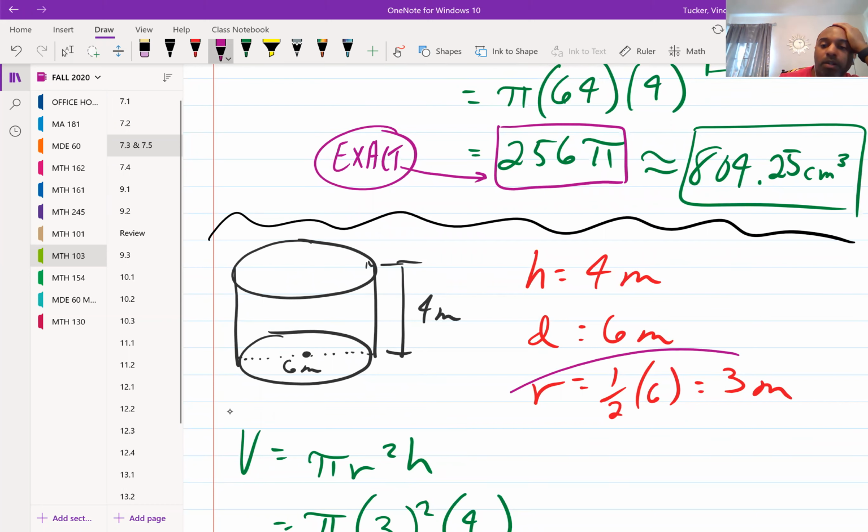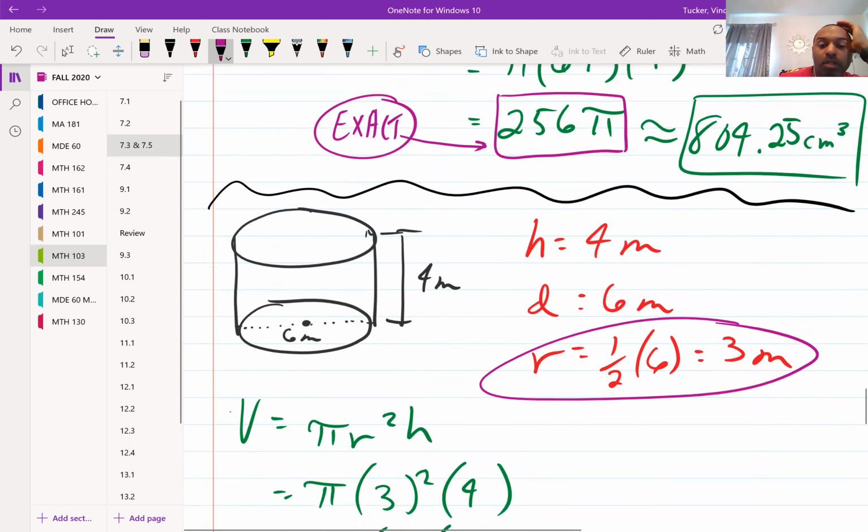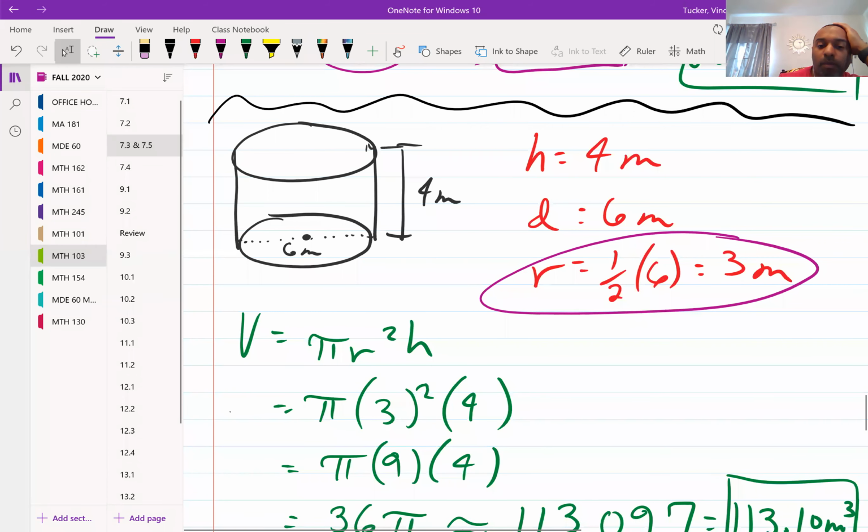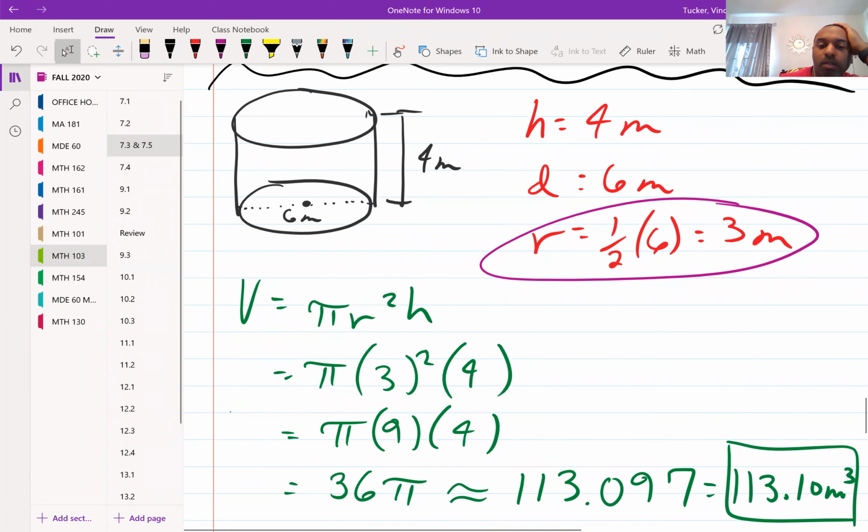So I need r. I'm going to take half of that 6, which is 3. Once I have my dimensions, I will just go ahead and plug in. So that's pi times 3 squared times 4. 3 squared is 9. 9 times 4 is 36.